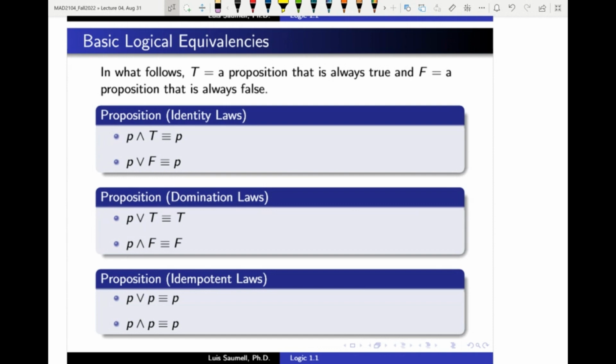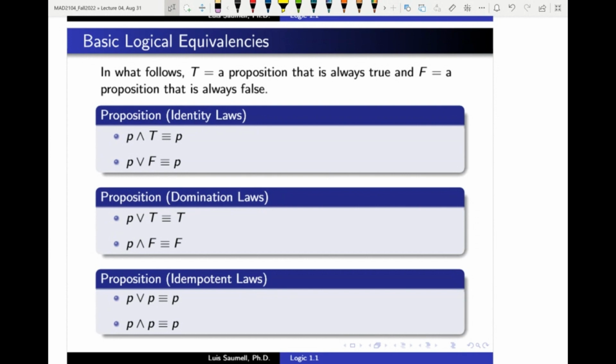So now P is any proposition. If you have P and something that's always true, what do you think is the truth value of this expression? It depends on P, right? If P is true, this will be true. If P is false, this will be false. So this is equivalent to P. This is like saying 2 times 1.